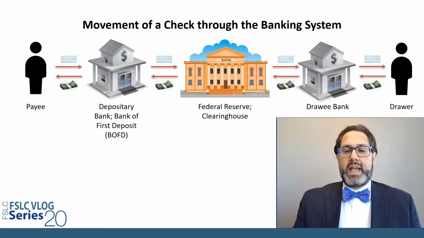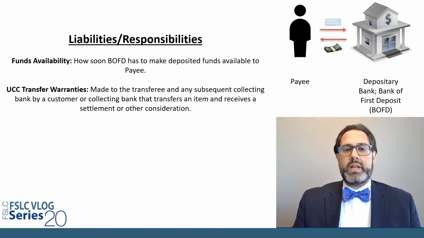The drawee bank, now having received the check back, presents the check to the drawer, its customer, and receives funds back, in this case by posting the check to the drawer's account and withdrawing the funds from the drawer's checking account. So now we look at the liabilities and responsibilities at each step of the progress of this check.